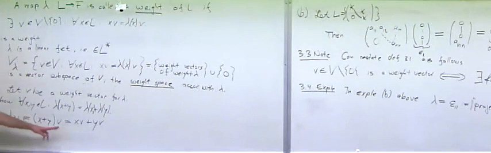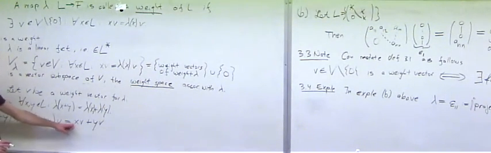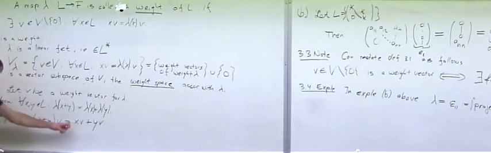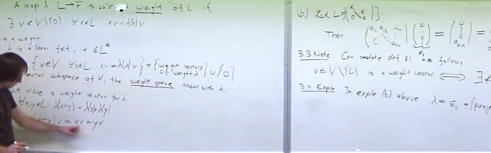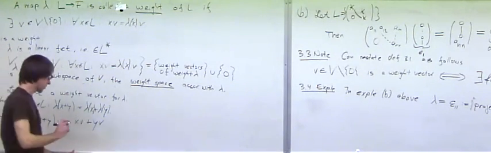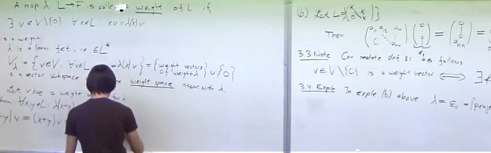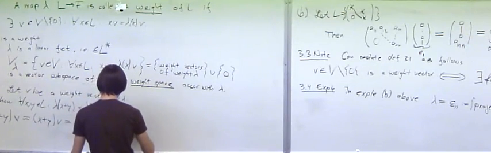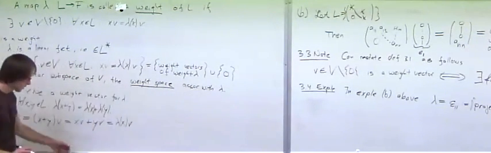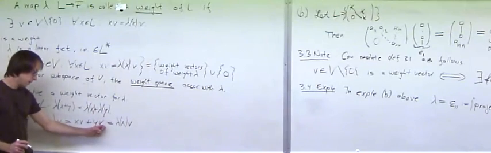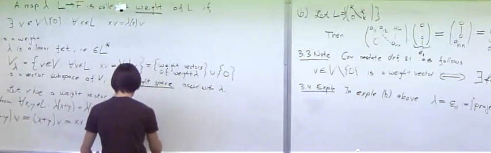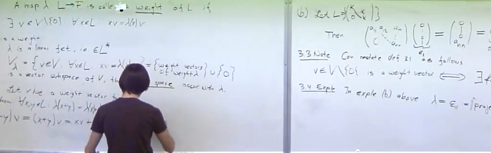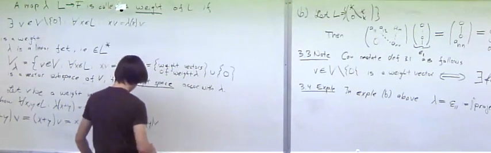But now we can use again the property of lambda being a weight, and v being a weight vector. So multiplication by the matrix x is just scaling by lambda of x. So this is lambda of x times v. Similarly, multiplication of v by y is just scaling by the scalar lambda of y.